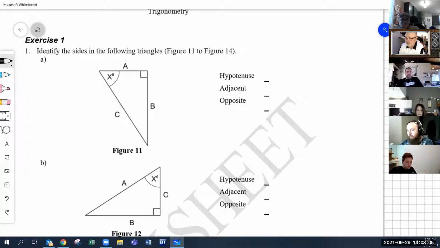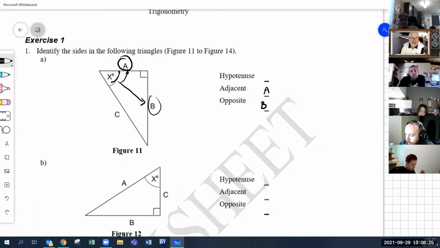At any triangle, anytime we're looking at it. So A here, as you can see, A would be adjacent to the angle. And we look at B, it is opposite the angle there. And of course, the hypotenuse would be C. As everybody can see that, yeah?